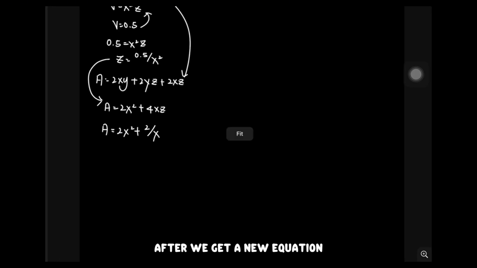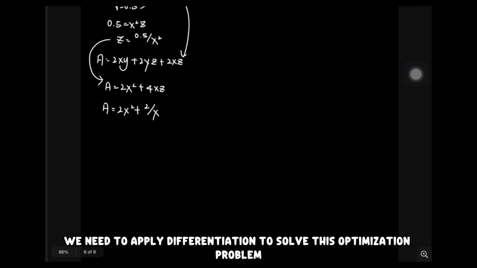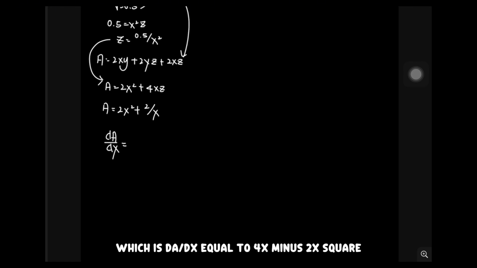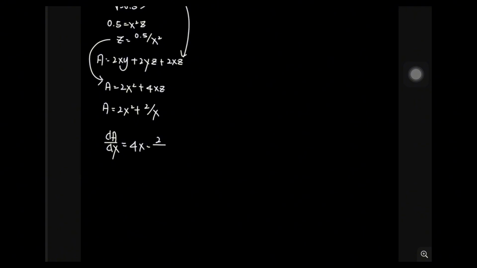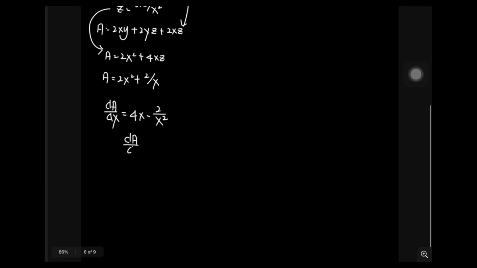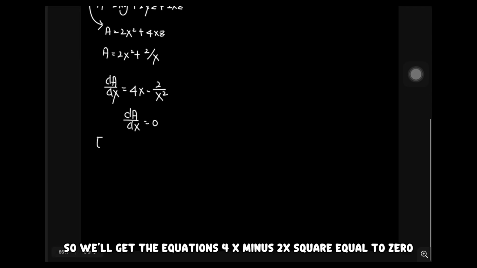After we gain a new equation, we need to apply differentiation to solve this optimization problem. By using differentiation, we get the first derivative, which is dA/dx equals 4x minus 2 over x squared. Let the first derivative equal 0, so that the value of x can be obtained. So we get 4x minus 2 over x squared equals 0, and we multiply the equation by x squared.